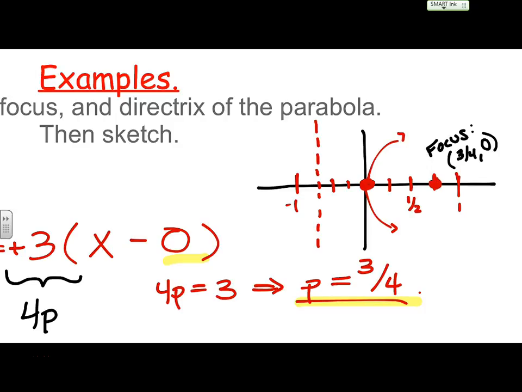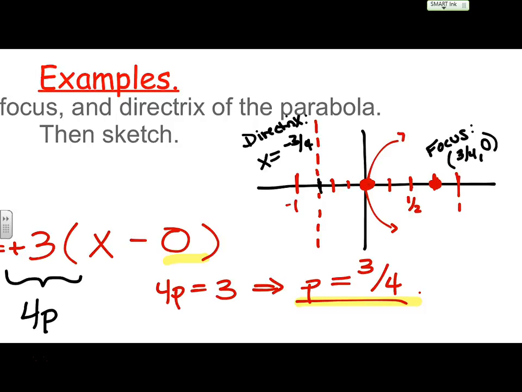We kept the y value the same, and for the x value we started with the vertex and added 3/4. 0 plus 3/4 is 3/4. The directrix, where do we end up? It's a vertical line, so x is equal to, because it hits the tick mark on the x-axis, -3/4, which the formula would say on the page before: the directrix is going to be x equals h minus p.